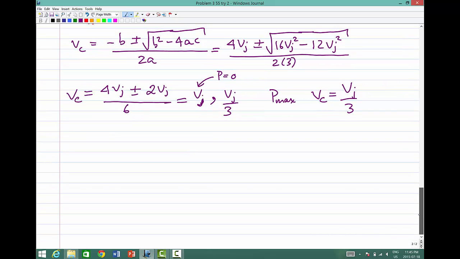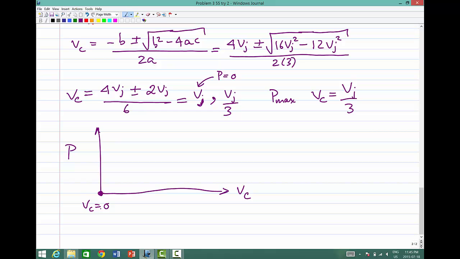Okay, let me scroll a little bit. Let me describe the behavior here. So what happens is interesting. If you look at the power imparted by the jet as a function of the cart velocity, of course, we already talked about the case where the cart doesn't move, so the cart velocity is equal to 0.